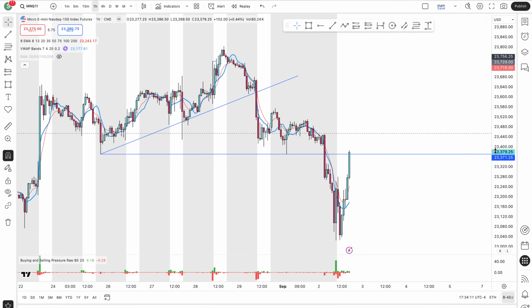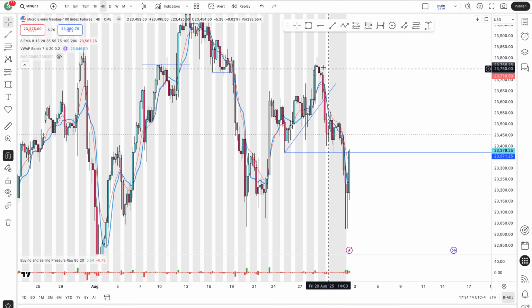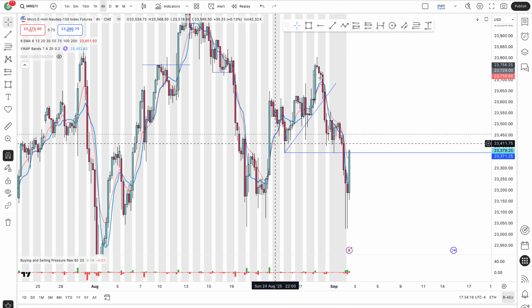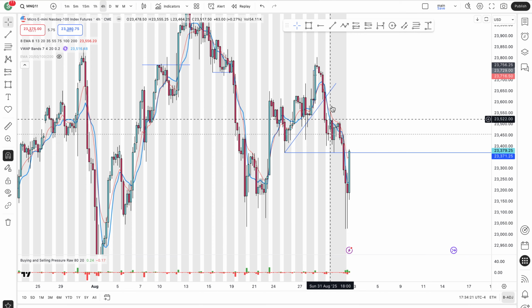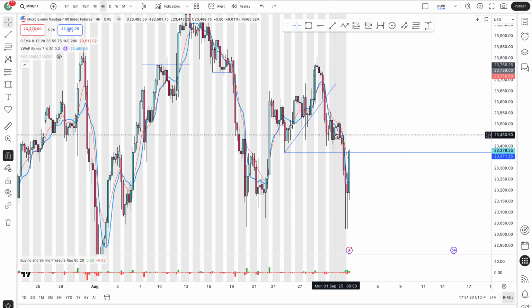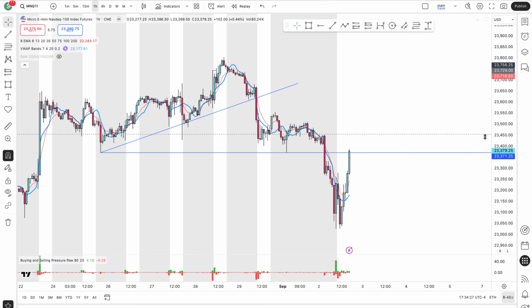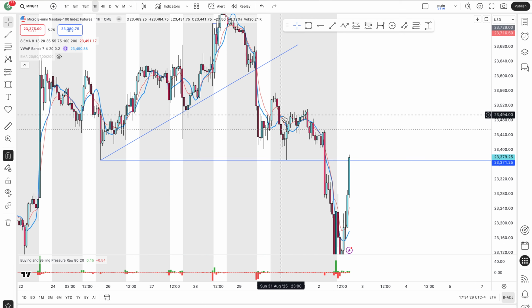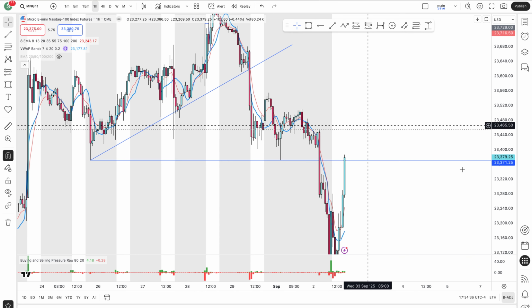Here we go. So as we can see, to close last week, we had a giant sell-off, erasing all of the progress we made in that trading week. Monday was the holiday, so the market hours were different.